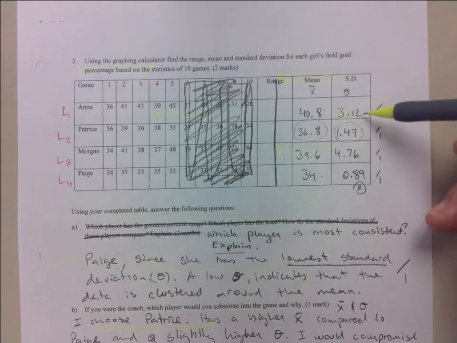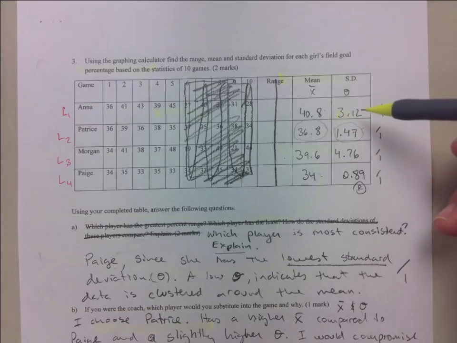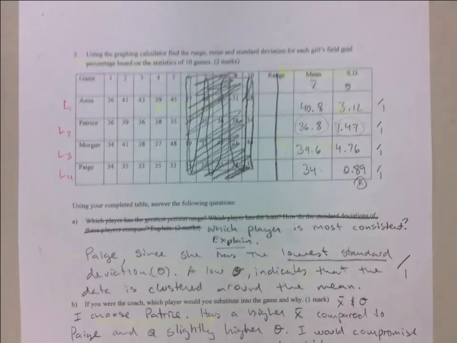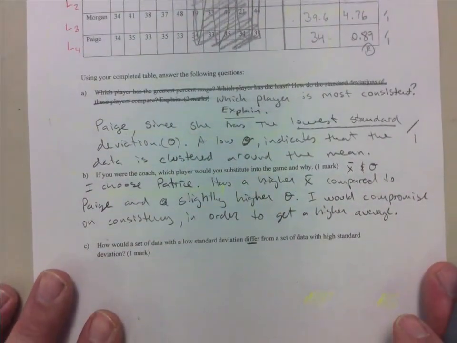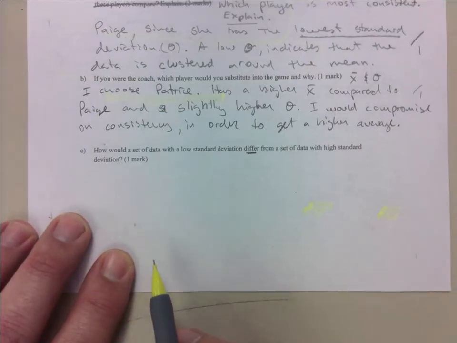So you could say, I pick Anna because she has the highest average, but doesn't have the worst consistency, like second worst in terms of consistency. So you can say that if you want. I know it's tough stuff. I know that. Hopefully by the time we're done the unit, you'll have a pretty good grasp. So you got a mark for that if you did a pretty good job explaining.